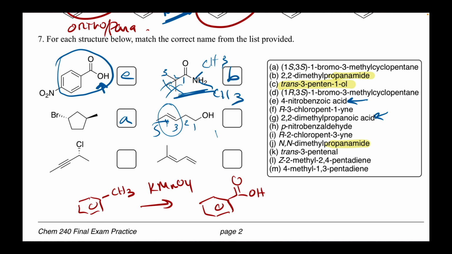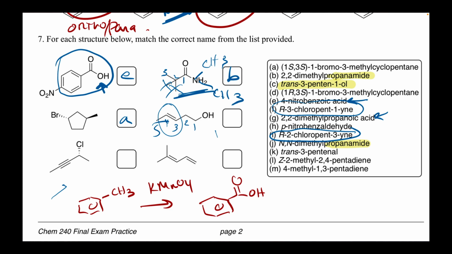Alkyne. Which one would it be? Let's see. Here's an alkyne. Here's an alkyne. YNE ending. This should be pretty easy to see just from the position of the alkyne, 1-yne versus 3-yne.